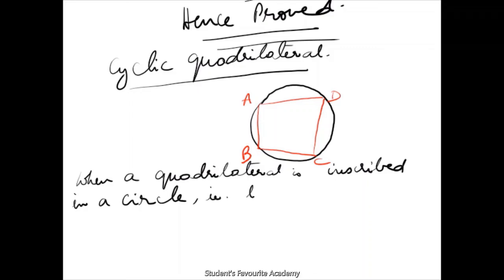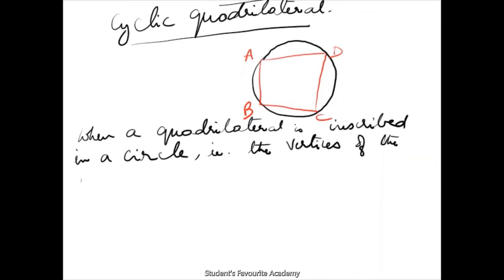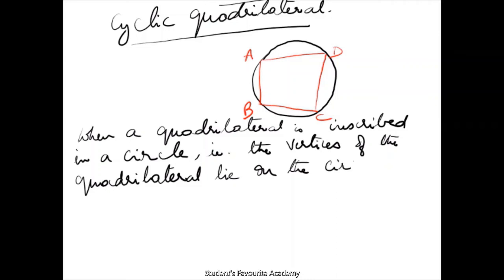That is the vertices of the quadrilateral lie on the circumference of a circle.